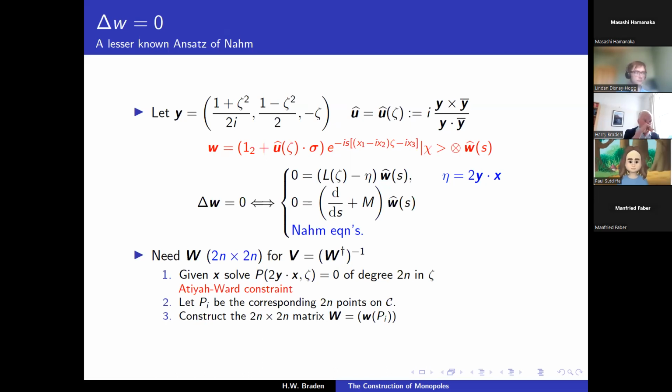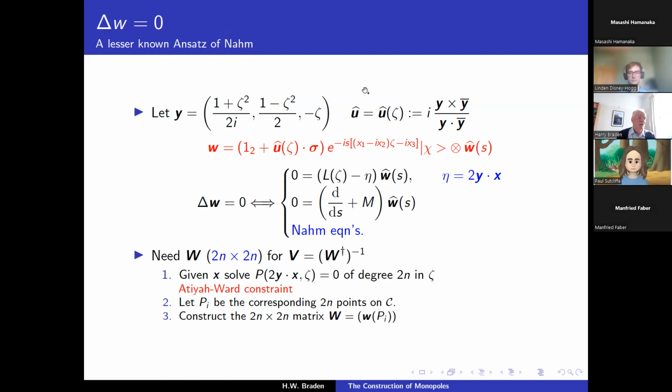Nahm actually tells us how to solve the equation delta W equals 0. I'm using the benefit of some hindsight to write this in a simpler form, but Nahm also came to this from twistor theory. So Y here is a complex vector in C^3 that's null.